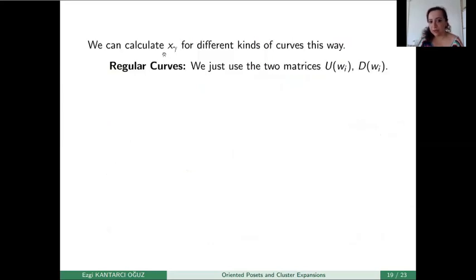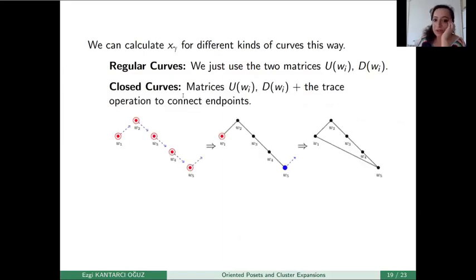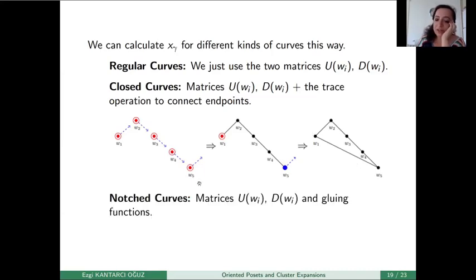And we can do this for these kinds of curves that we were discussing. For regular curves, we only need the up and down matrices. If we have closed curves, then we again use these matrices, then take the trace to connect the endpoints. And then with notches, we need these extra gluing functions.